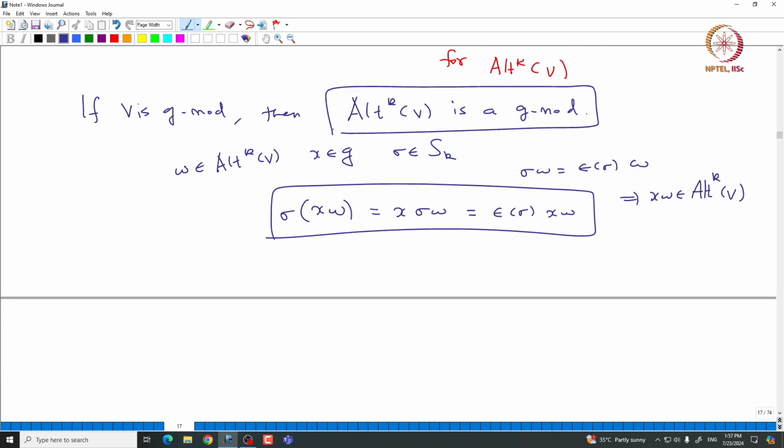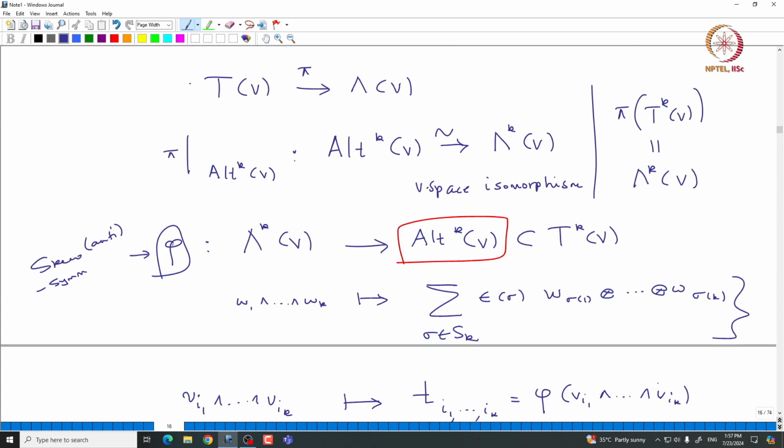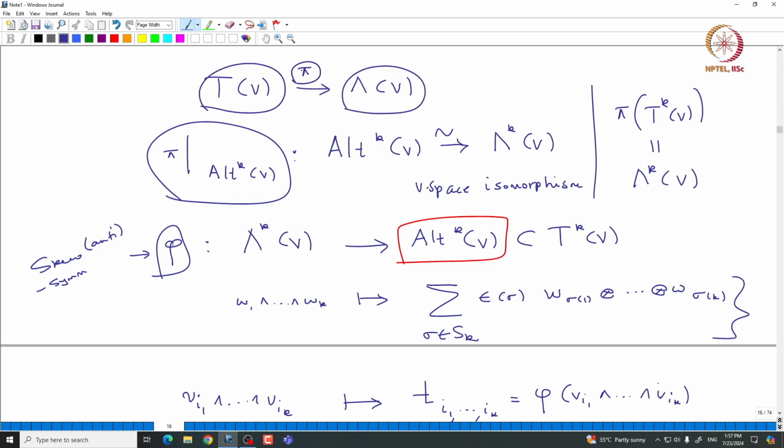Okay. So now if we go back to that map phi that we have, or this natural restriction of the quotient map, this map will again be a G module isomorphism. I will leave it to you to check. The natural G module structure on T of V and lambda V makes this pi a G module map, because pi is a G module map.